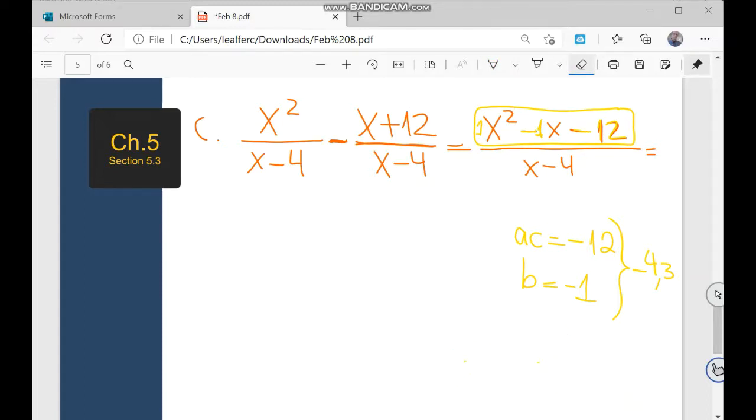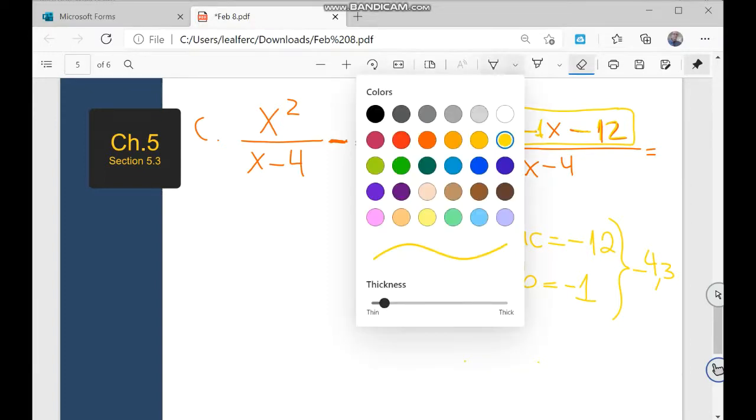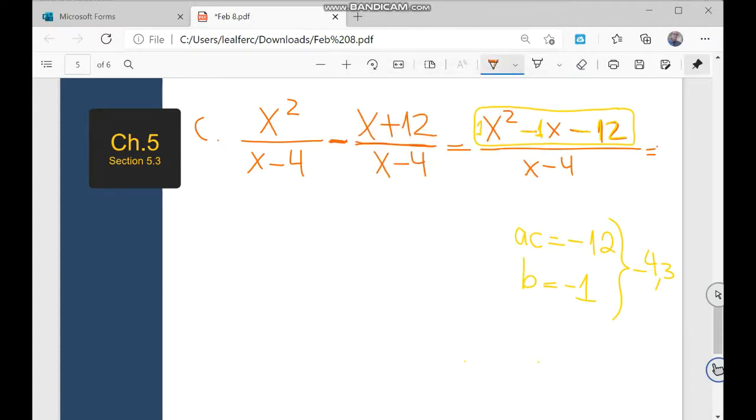Cool? This is the AC method. Last chapter, chapter 4, last month we worked on this. We can rewrite the numerator as x minus 4 times x plus 3, over x minus 4.